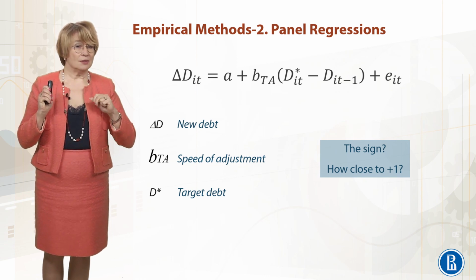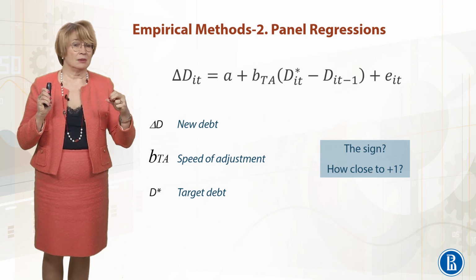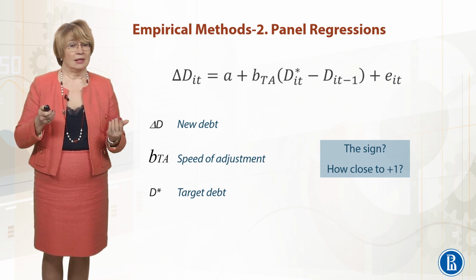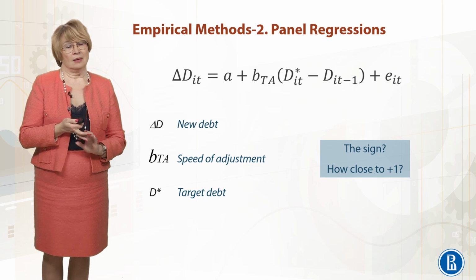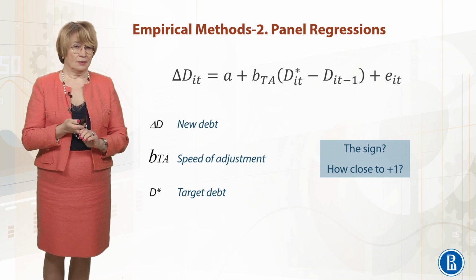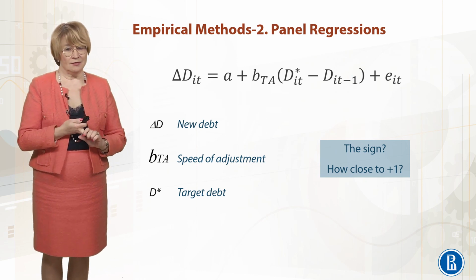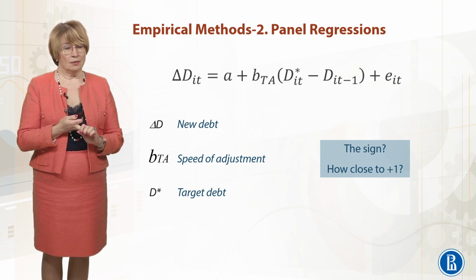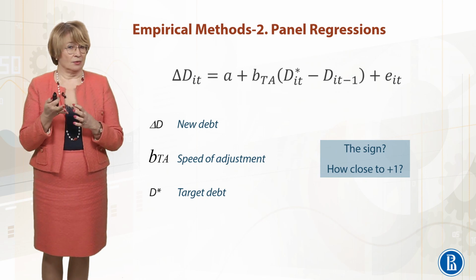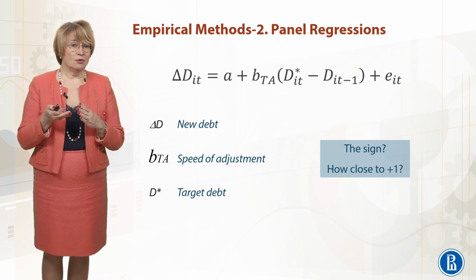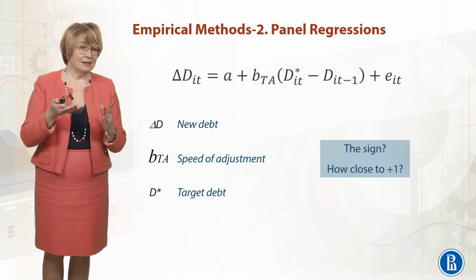And the beta is the sensitivity coefficient or speed of adjustment, which is related to the trade-off theory or trade-off adjustment coefficient.